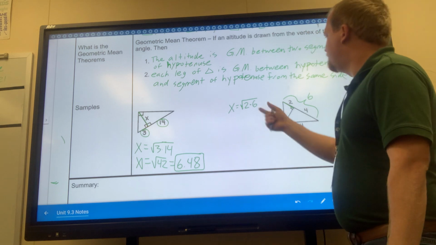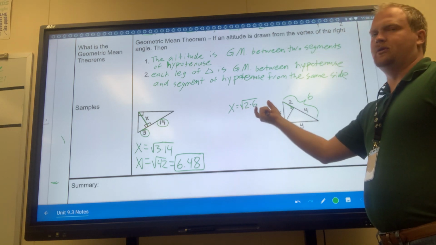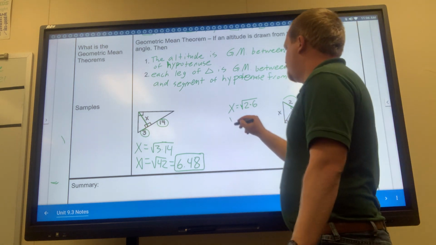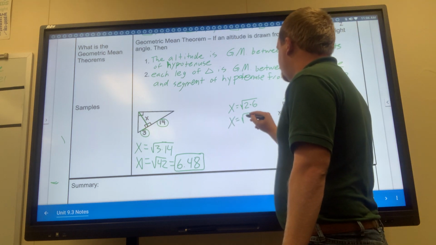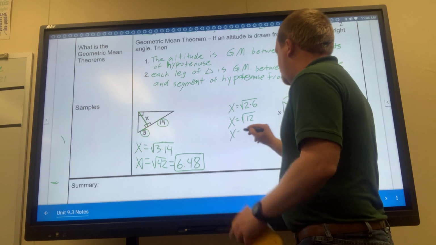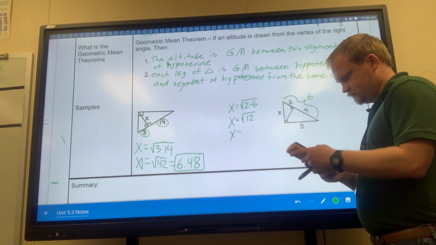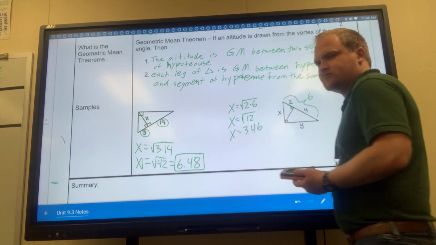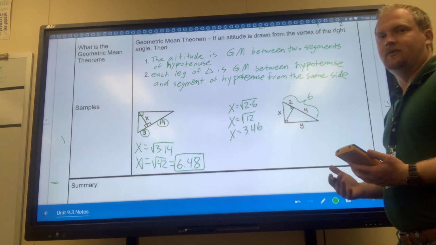So it's the part of the segment times the whole length. So 2 times 6 gives me 12, and the square root of 12 is 3.46. That's how we solve for x.